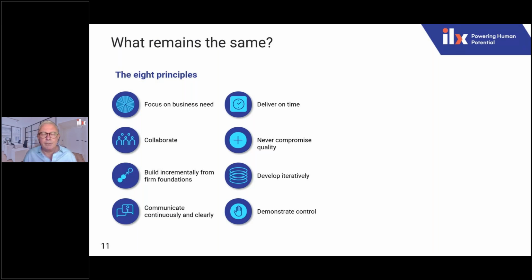Develop iteratively. This is also known as fail fast, learn quickly, because the later you fail, the later you learn. That has been one of the issues with waterfall projects sometimes.